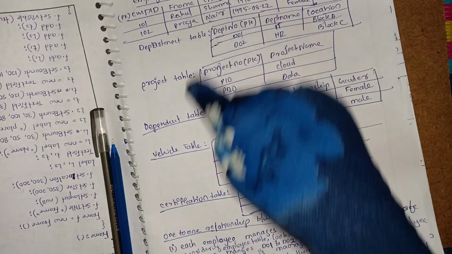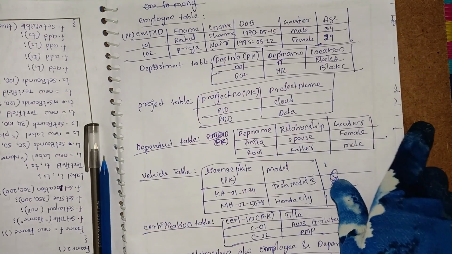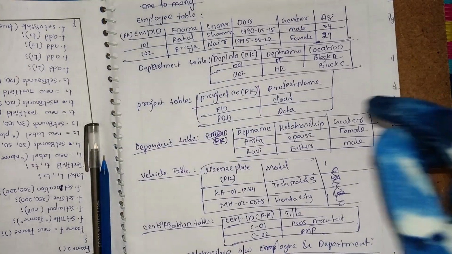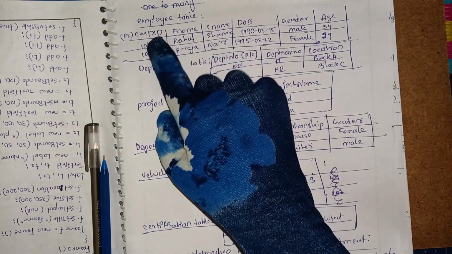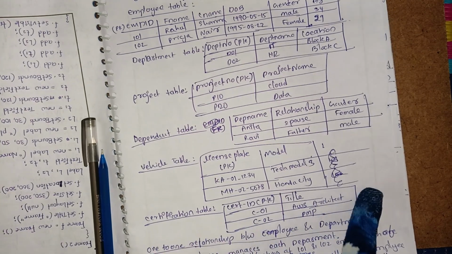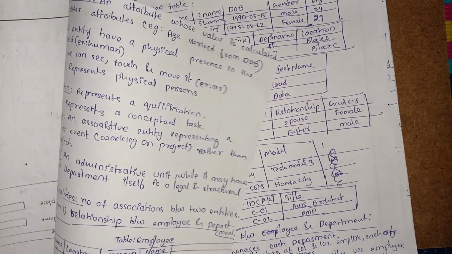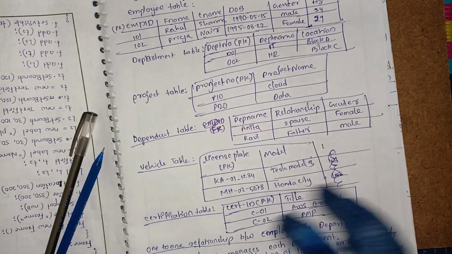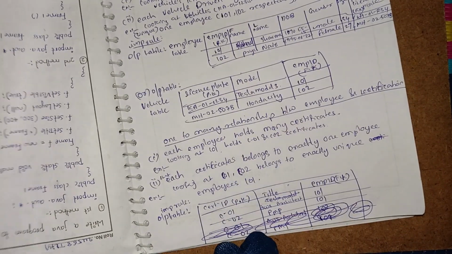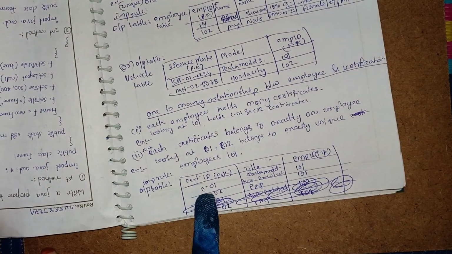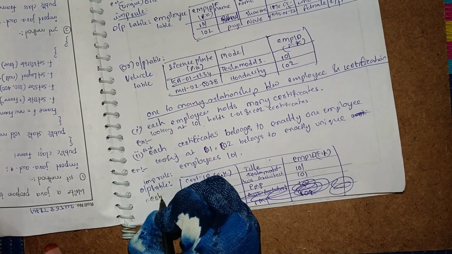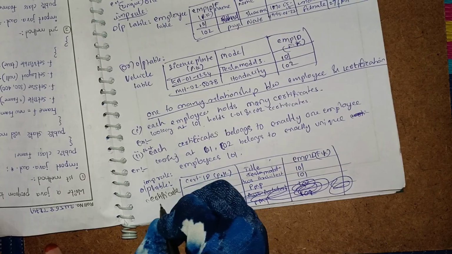Here is the employee table and certificate table. So we are placing employee ID primary key in the certification table as a foreign key, because employee table is one side and certificate table is many side. Here we got the output table, that is certificate table.